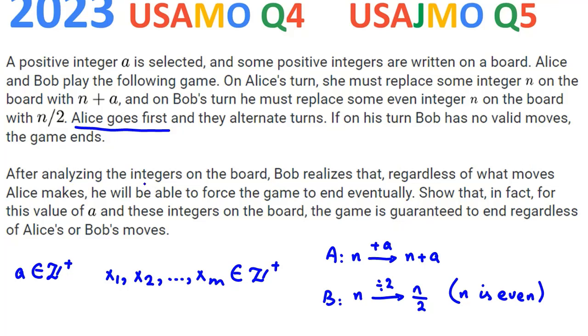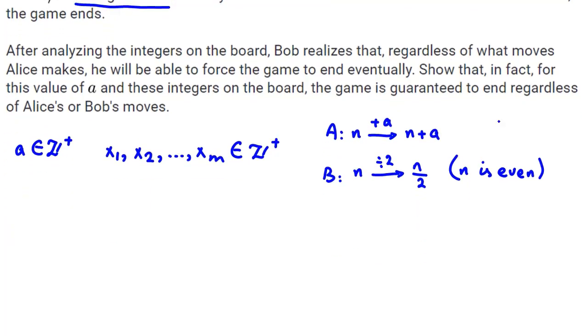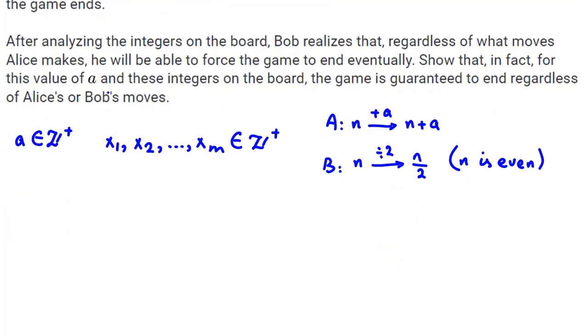After analyzing the integers on the board, Bob realizes that, regardless of what moves Alice makes, he will be able to force the game to end eventually. Okay, it means Bob can do something to reach a situation where all numbers are odd. Show that, in fact, for this value of a and these integers on the board, the game is guaranteed to end regardless of Alice's and Bob's moves.